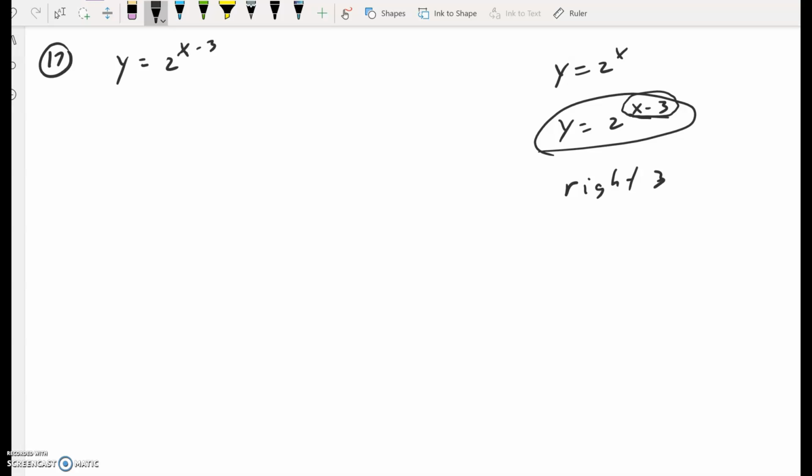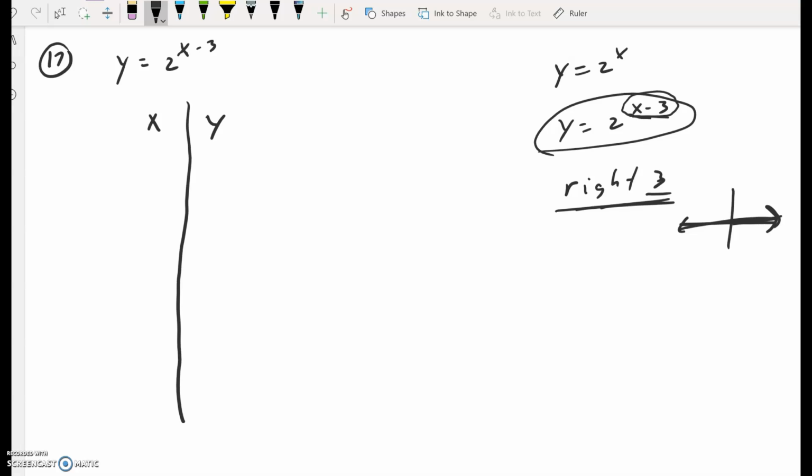Positive 3 makes this exponent 0, and that positive 3 means right 3, because when x is positive, x is measured on the horizontal number line, and that plus 3 means right 3. However, that's useful information, but right now in our progress on this, boy, do we need to put in numbers and find out what's going on.